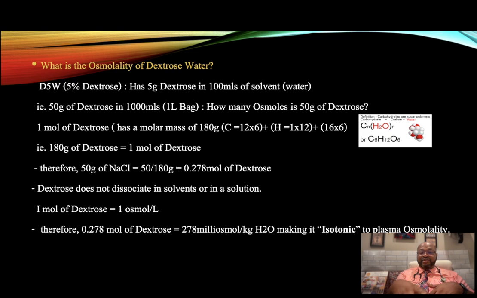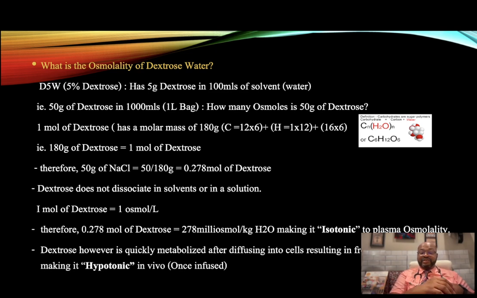However, the isotonic is in parentheses because when you consider the semi-permeable membrane, you'll realize that dextrose is quickly metabolized after it diffuses into the cells, resulting in free water in plasma. Once the dextrose leaves the fluid, enters into the cells, gets metabolized, all you're left with is free water in plasma. So it becomes a hypotonic fluid once it's infused.